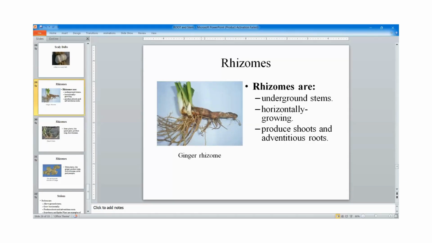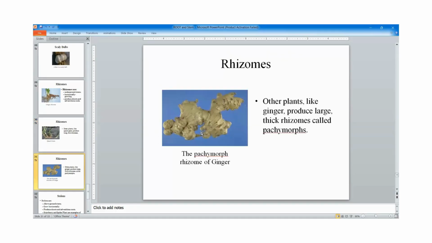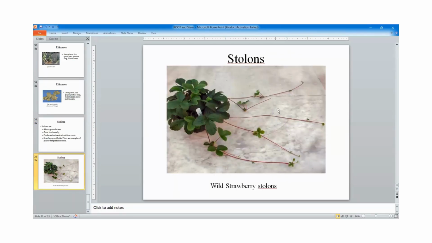You can see a small rhizome again. And this is ginger, another example of rhizome. Then stolon, they are above ground. They grow horizontally. Example is strawberry, which we have here.